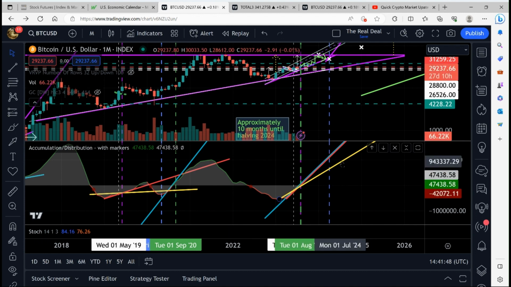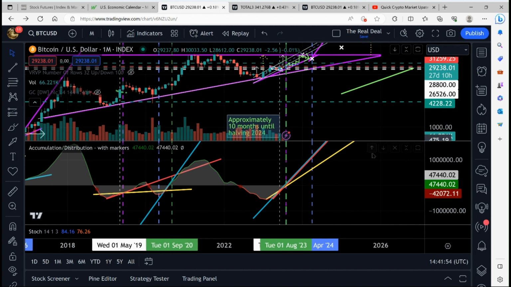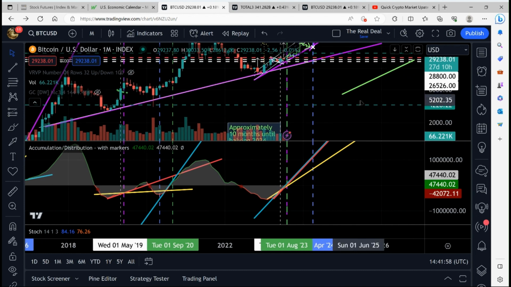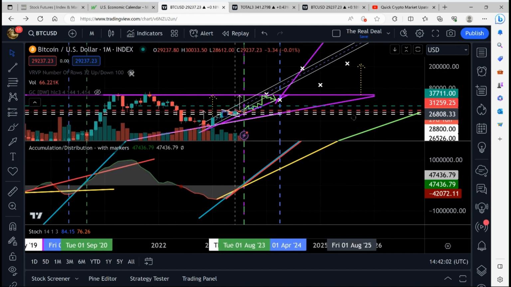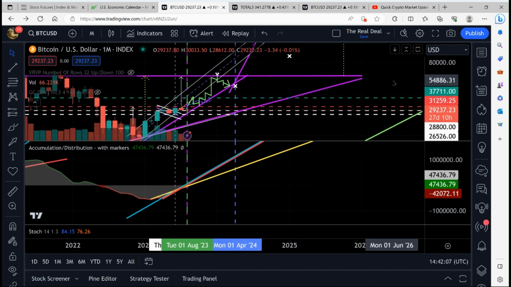The most shallow of which was the yellow one, which is our initial move through the top of the Gaussian channel, and maybe why we have been going sideways for such a while. I'm going to move to the weekly right now.